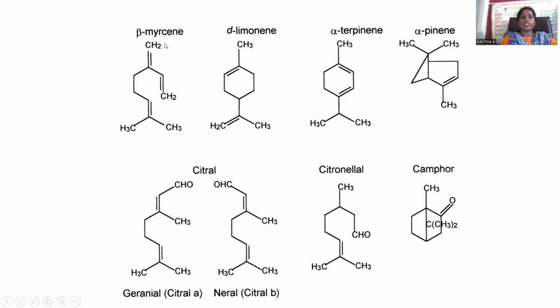Here you can notice beta-myrcene and D-limonene, and another alpha-terpinene, alpha-pinene, citral, citronellol, and camphor. This is the way the compounds are noticed. Everything is composed by the chemical composition where isoprene units get joined, either as an open chain molecule or a ring type of structure.